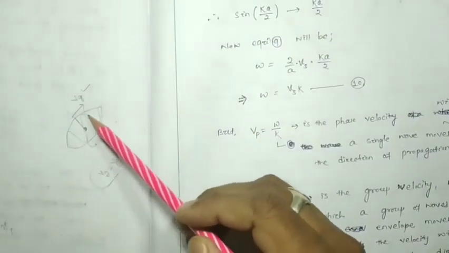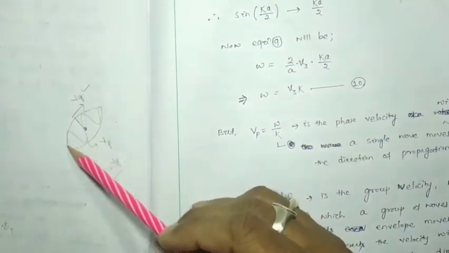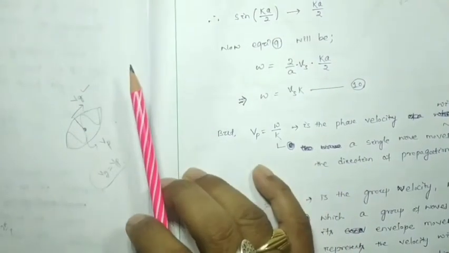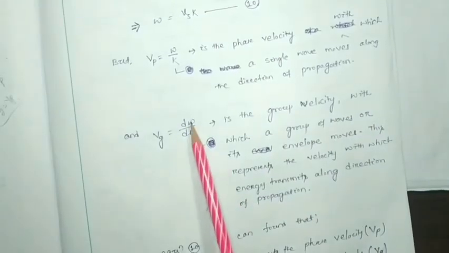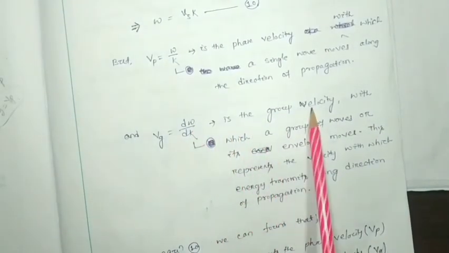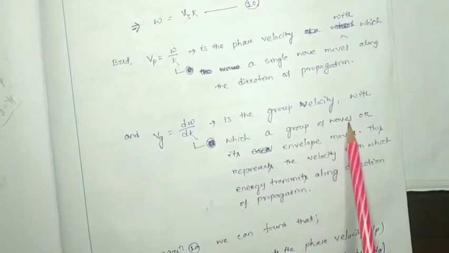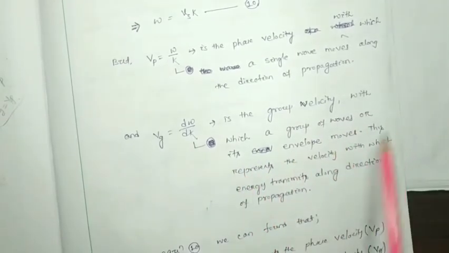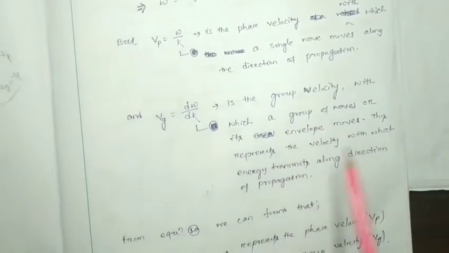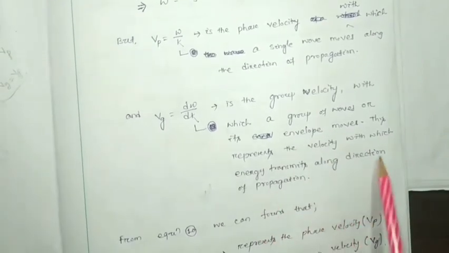That means the mean value, the average value of the velocity inside the packet. And the group velocity is nothing but d omega by dk, the group velocity with which a group of waves or its envelope moves.